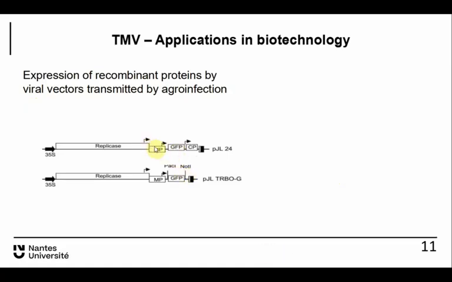In this one, we've got the full genome of the TMV, and we've just added green fluorescent protein in the middle. In this second one, the green fluorescent protein takes the place of the capsid protein. So what you can do is introduce these RNAs into the plant by agroinfection.